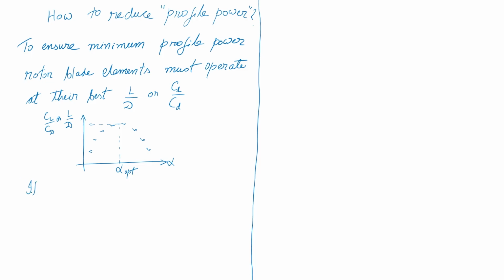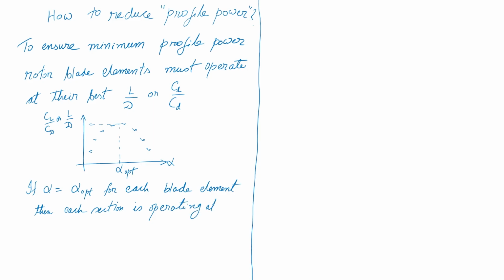So, if alpha equals alpha optimal for each blade element, then each section is operating at best L by D, or best C_L by C_D.